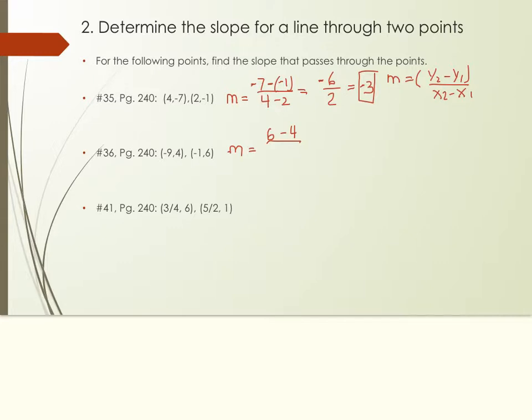But I have to be consistent with my x's and y's, right? So the x's and y's have to be over each other. And here I get 2 over 8, which is equal to 1/4. So the answer I get here is 1/4. Okay?